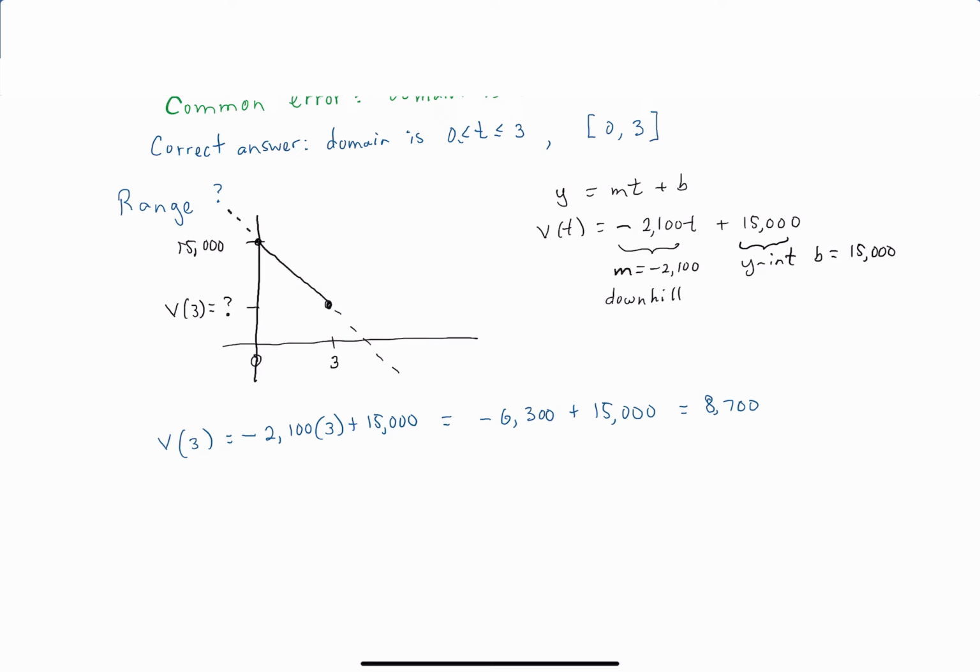And that gives us 8,700. So our range is V values ranging from 8,700 to 15,000, which in interval notation would be square bracket 8,700 up to 15,000.